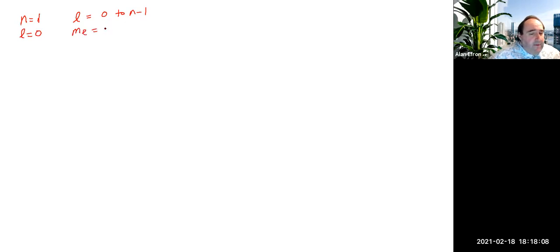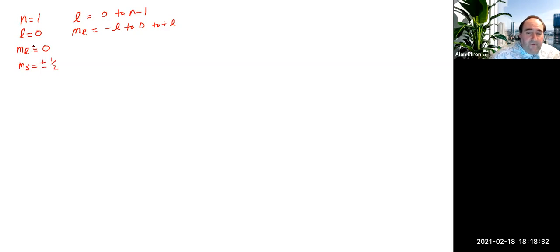M sub L could go from minus L to 0 to plus L. So since L is 0, the only option you could have for M sub L is 0 as well. And M sub S, for each of these M sub L's, could be plus or minus 1/2.